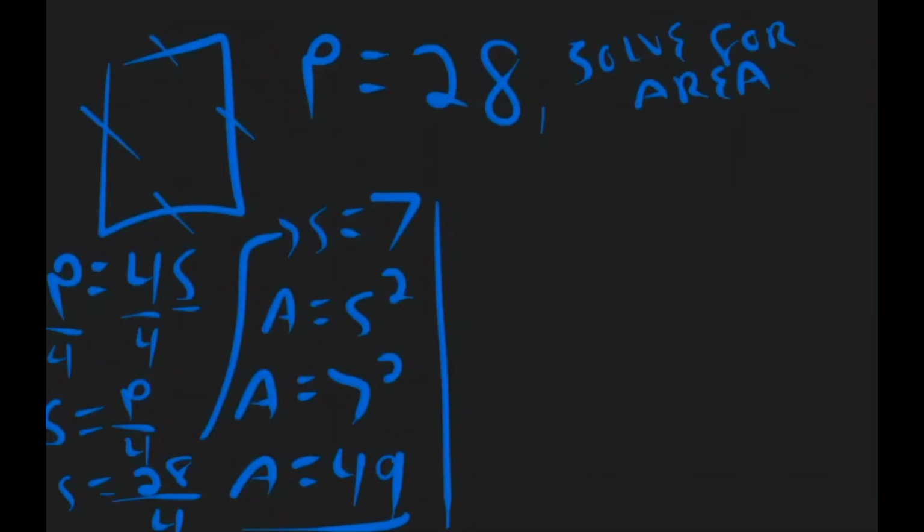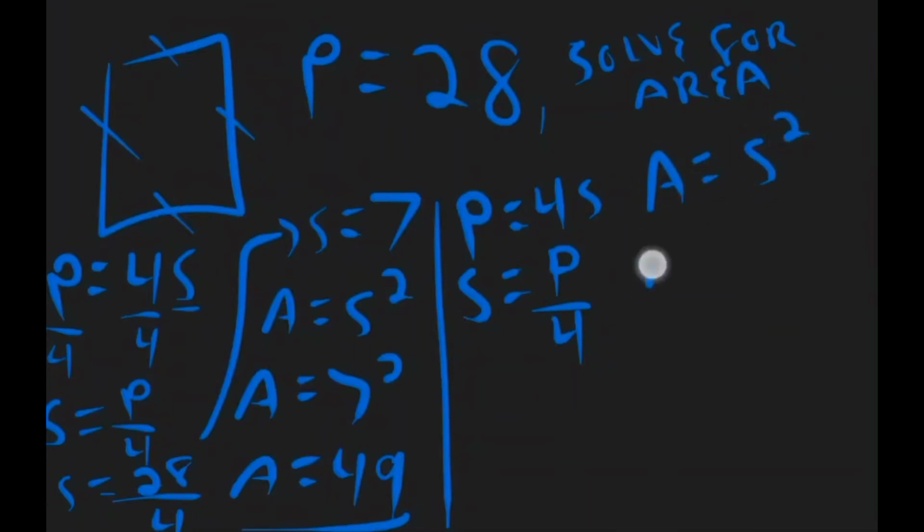The other way you could do this, though, is you can combine the 2 equations. So you know the perimeter equals 4s. We already solved s equals perimeter over 4. So now we can substitute the perimeter over 4 into the s for the area equation. So area equals s squared can be changed to area equals perimeter over 4 squared.